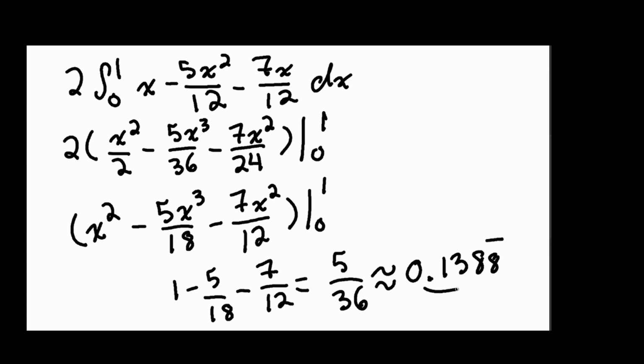So the Gini index for this situation would be 0.1388, and that's a very equal country.